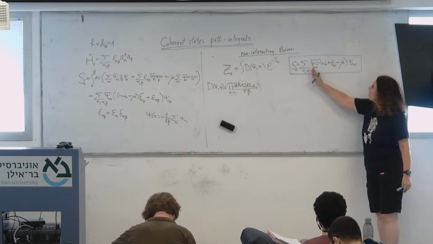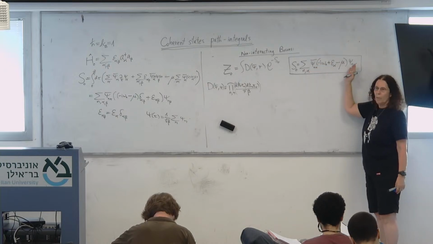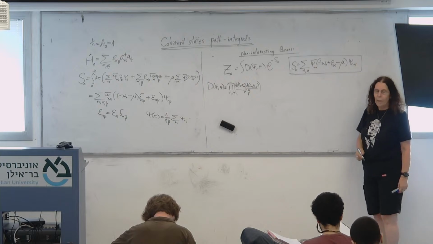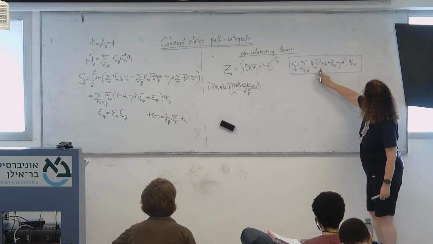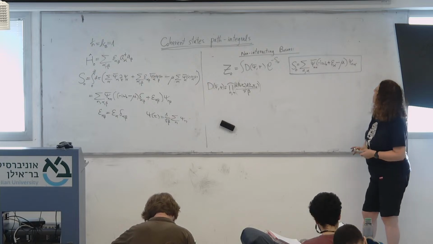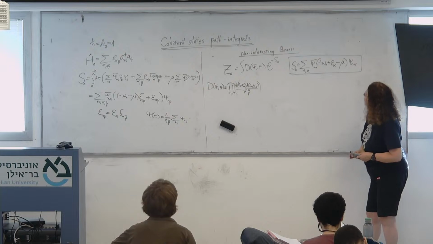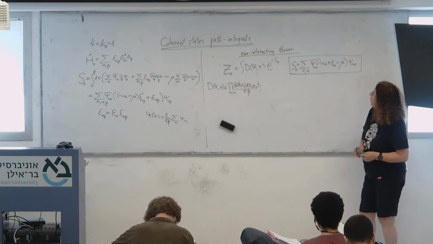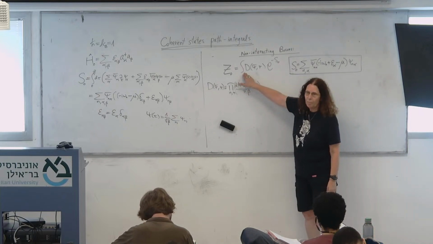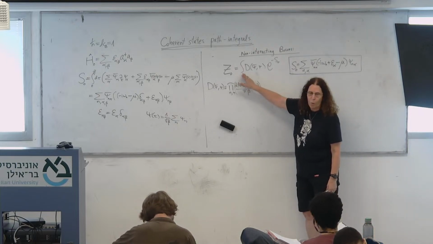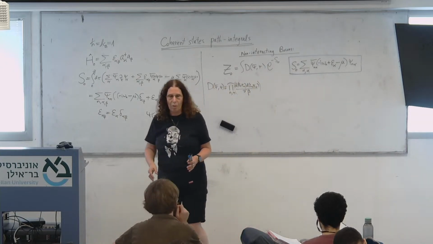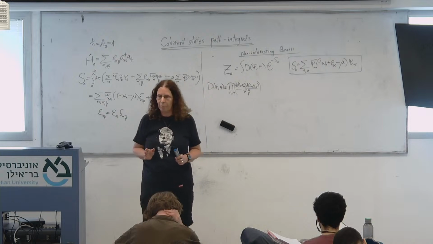It's a sum, an independent sum of quadratic things, each term on its own. All right, so I'm claiming that we know how to solve this integral, because it's nothing but a multidimensional integral of simple Gaussians.